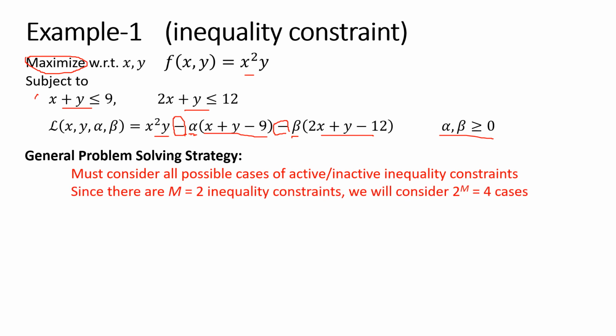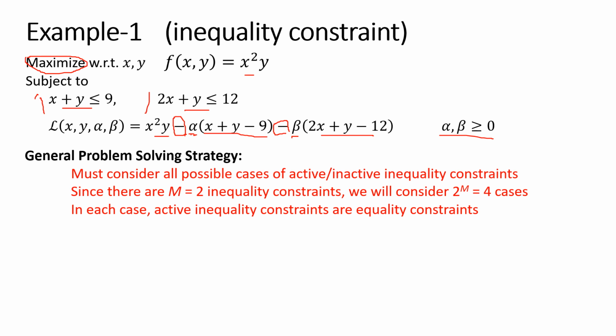And since there are m equals 2 inequality constraints in our case, we will consider 2 to the m equals 4 cases. In each of the 4 cases, active inequality constraints are equality constraints.